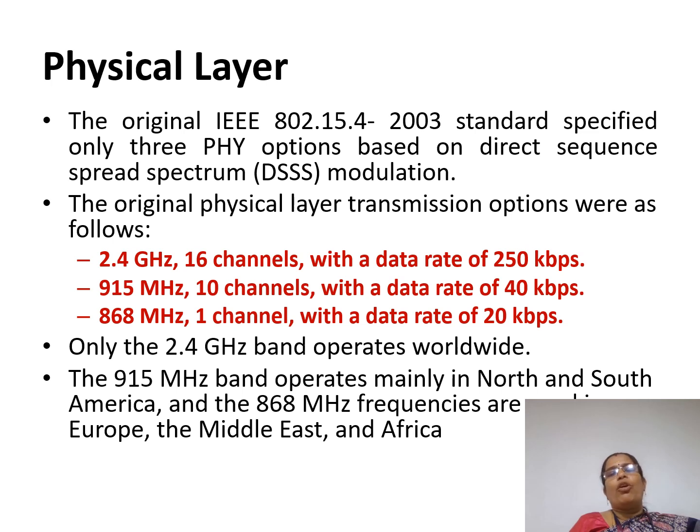There are three physical options, depending upon the direct sequence spread spectrum DSSS modulation, which consist of the following frequencies: 2.4 GHz with 16 channels and a data rate of 250 kbps, 915 MHz with 10 channels and a data rate of 40 kbps, and 868 MHz with 1 channel and a data rate of 20 kbps.